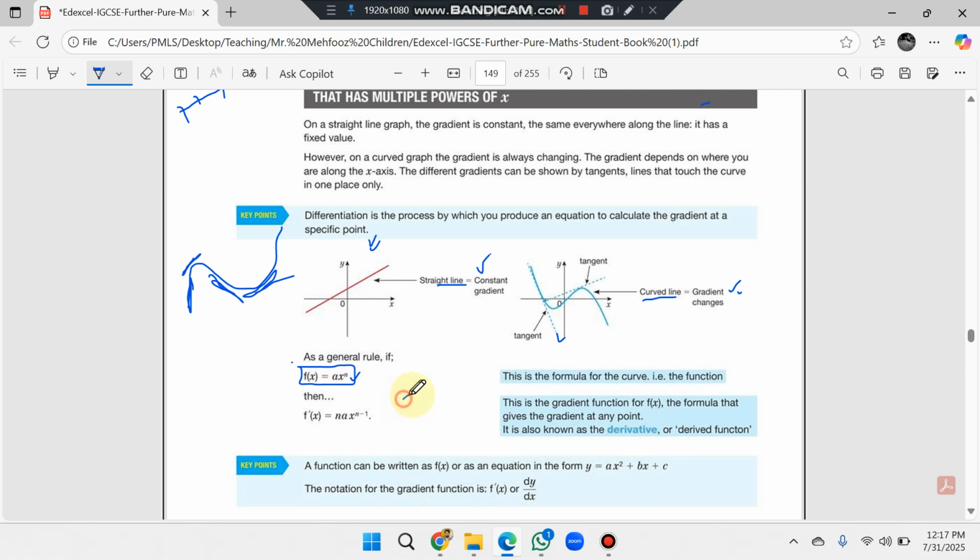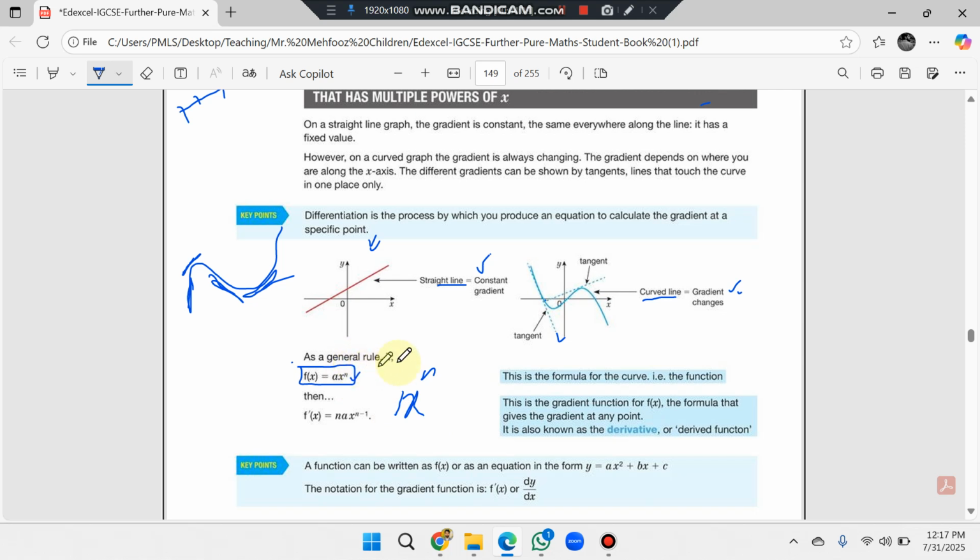We can also say simply x raised to the power n, because in this case we have a, but a's value is 1. So we have functions of that type for differentiation, right?